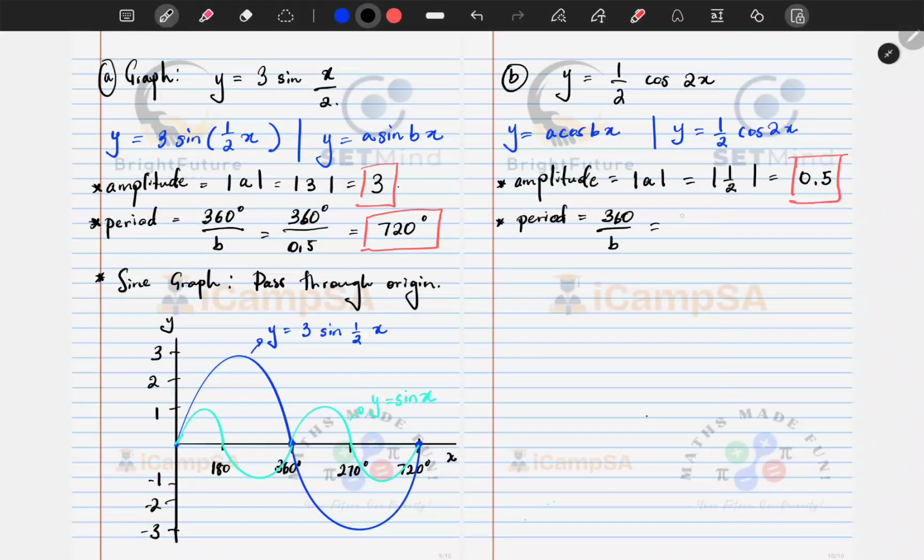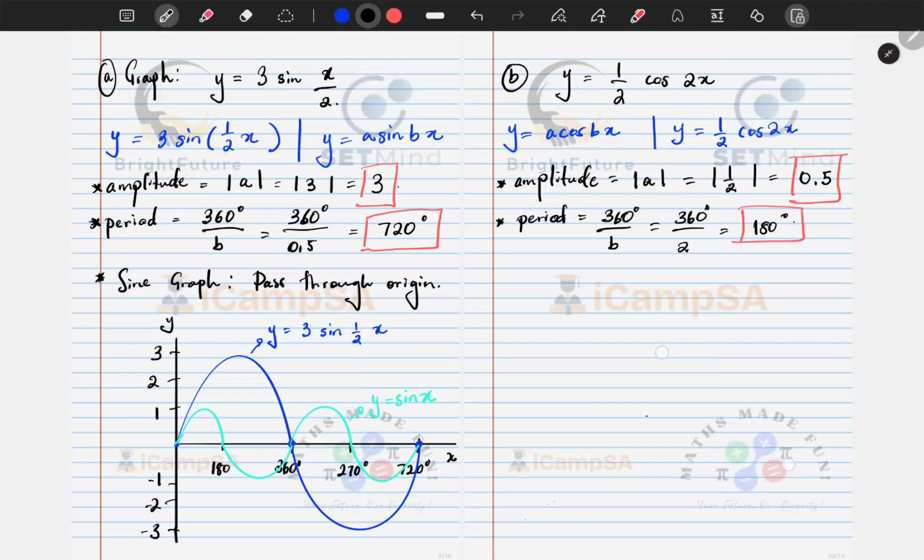What is my b there? My b is 2. So it means that 360 degrees divided by 2 is going to be 180. So that means that now it's going to take me 180 degrees to complete one cycle, right?